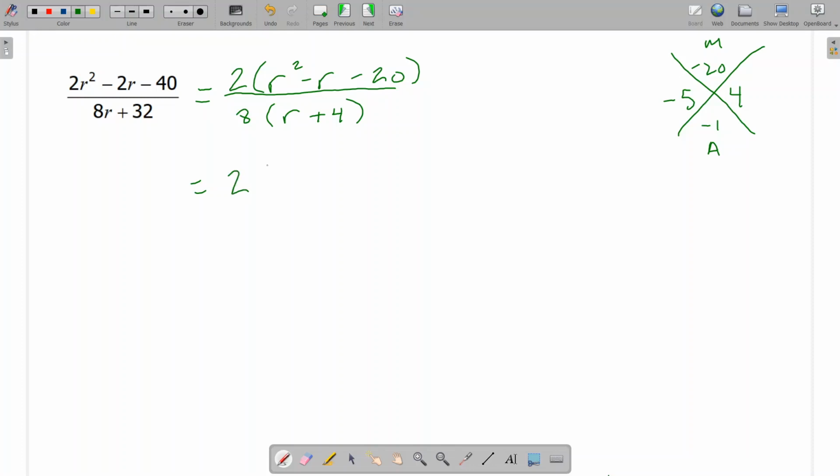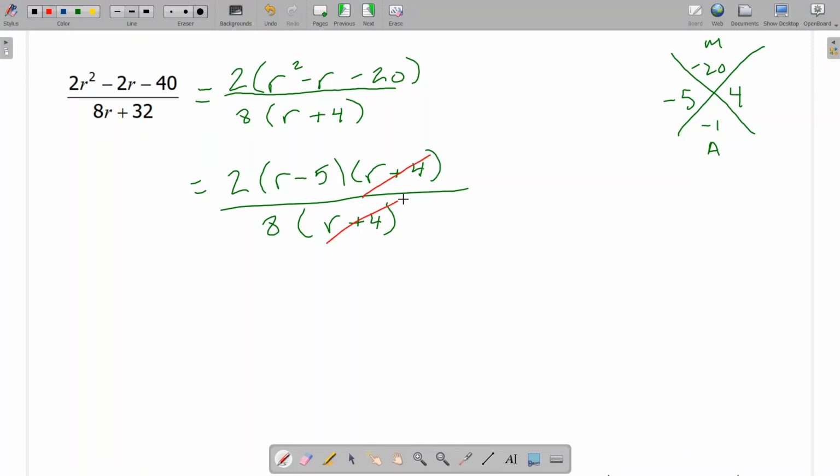So 2 times r minus 5 times r plus 4, all divided by 8 times r plus 4. So a couple things we can do here. My r plus 4s are going to cancel, but I can also reduce this 2 over 8 to 1 over 4. So my final answer would be 1 times r minus 5, which is just r minus 5, over 4.